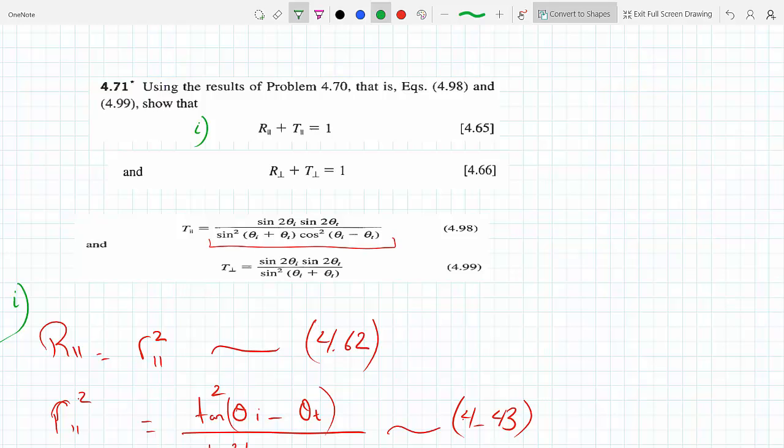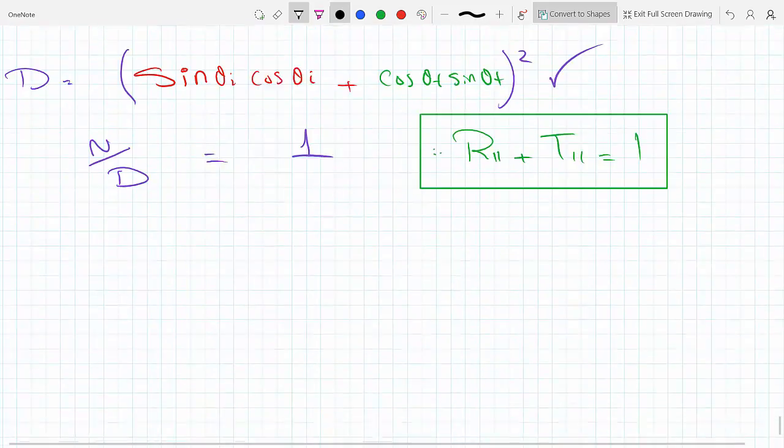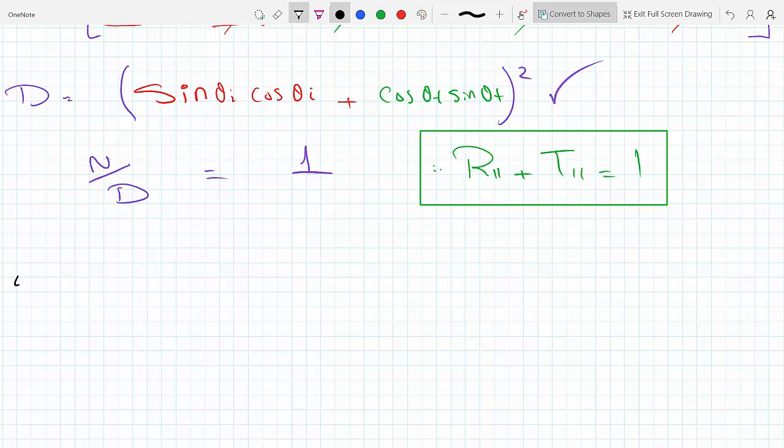So let's go to 2 and prove it. So for number 2, we know that R perpendicular equals r perpendicular squared. This is equation 461.